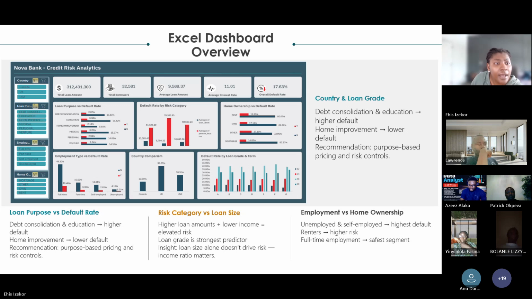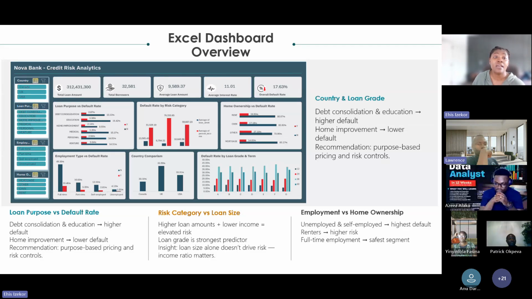Okay, so I'll start with my key measures first, which is the KPI. Over the course of the data, we have $312 million that was given out as loans. The total number of borrowers is 32,581. The average loan amount given to each individual is like 9,589.